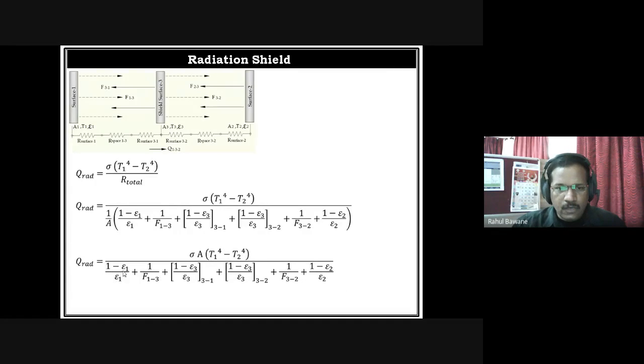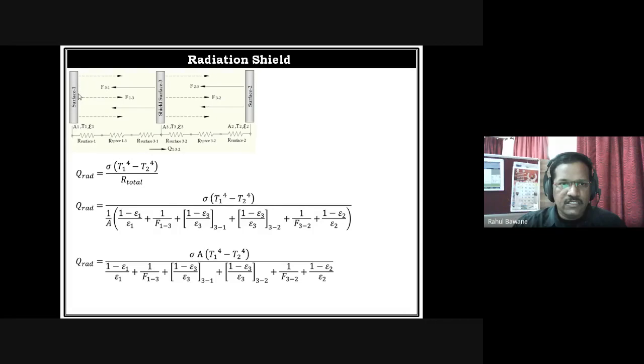Now we have to separate this: 1 divided by emissivity 1 minus 1, and likewise for the others, and in addition to this, the shape factor. What is the shape factor value? F123. F11 is 0 because it is a flat surface.